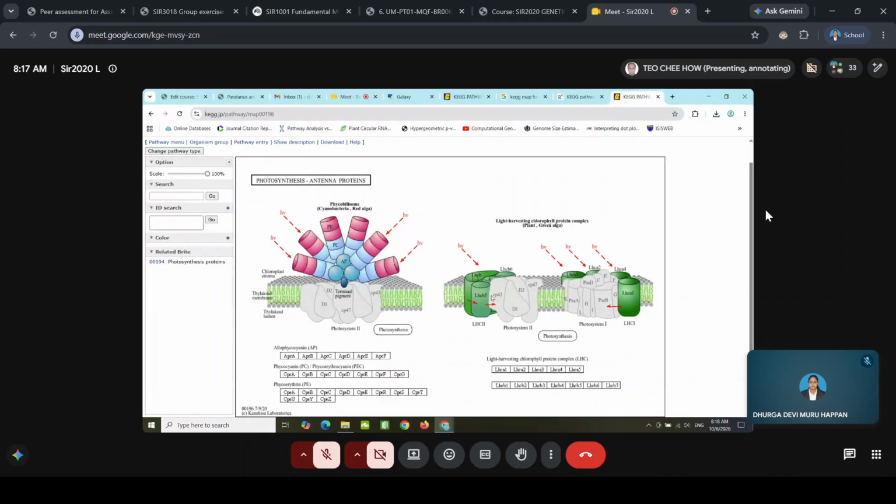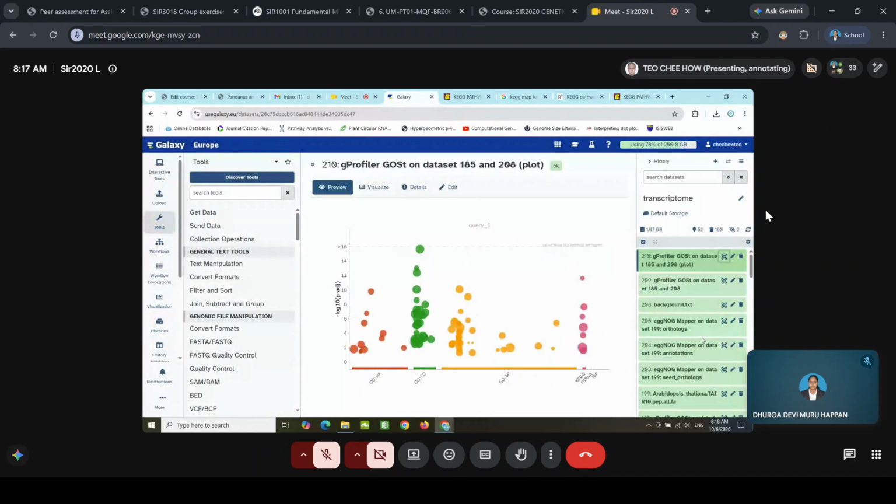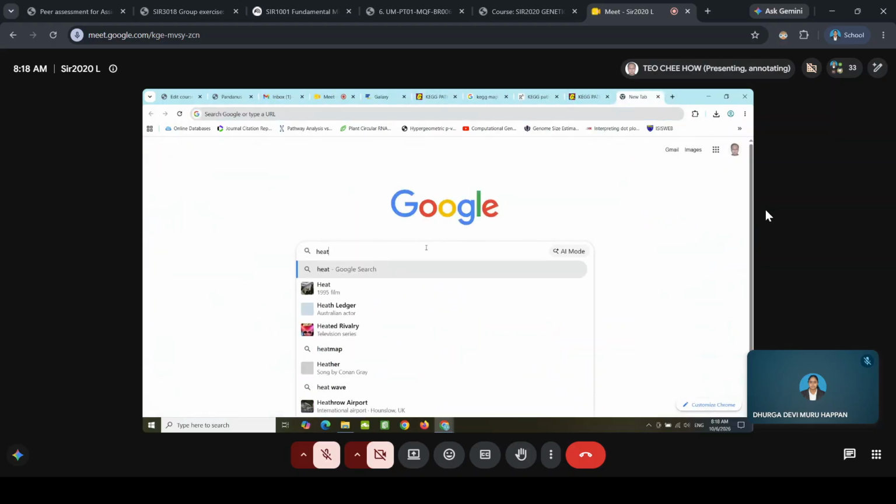You know, there is transmembrane activity here, right? And how it regulates the photosynthesis. So from here, then you can know about the expression profile. I just need you guys to mention the top three, you know, what is potentially involved. So for example, you can look, let's say, in other plants, heat stress.